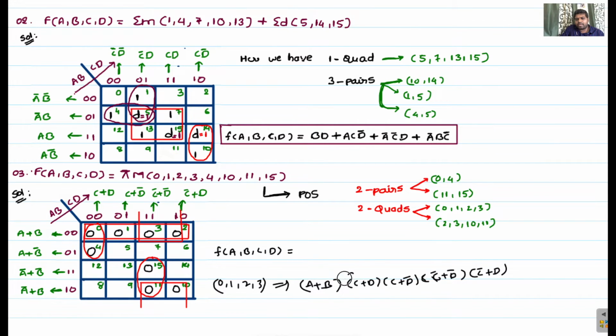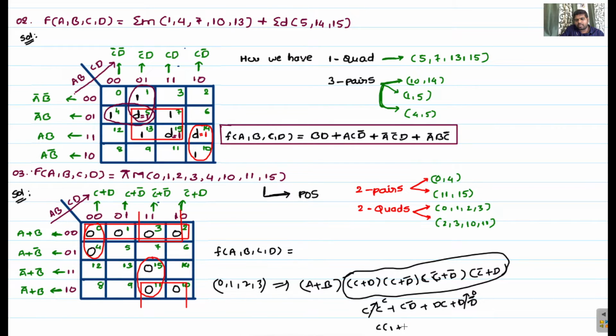If you multiply all these things, for example if I am multiplying these two terms, c into c and c into d bar and d into c and d into d bar, this is what you will get, but d into d bar equals 0 and c into c means c only. So now if you take c as the common factor in both the terms, you will get 1 plus d bar plus dc.